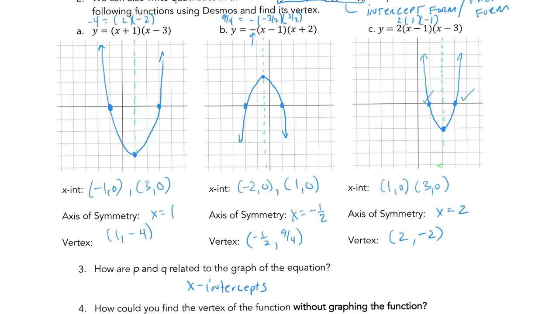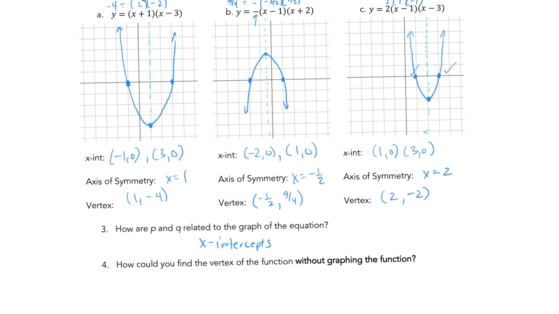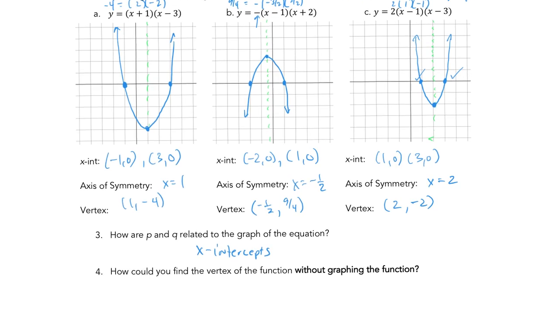And so what we just did to find the vertex, just so I can write it out for you, it says, how could we find the vertex if we have this form? Because this form tells us the x-intercepts, but to find the actual vertex, we kind of know that first the vertex is exactly in the middle of the intercepts.